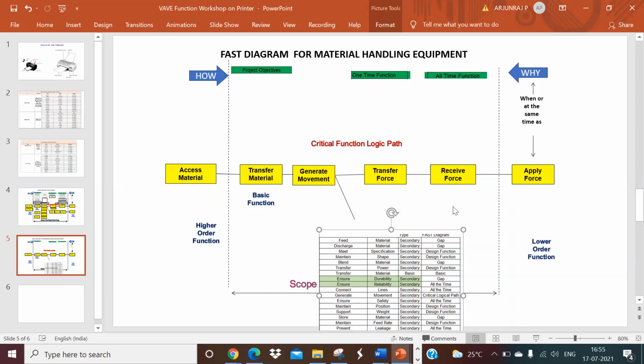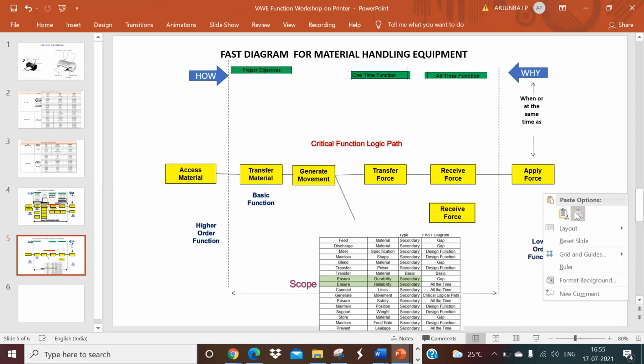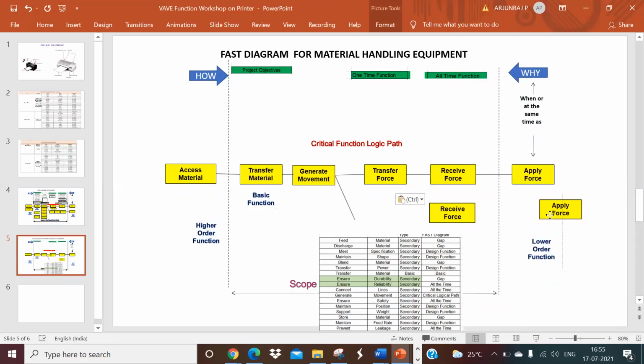When you apply force, you can feed the material. So I can do it in two ways. Let us go to the first way. I'm going to apply force, and when I'm applying force, I can bring it like this also. I can do it in this way also.